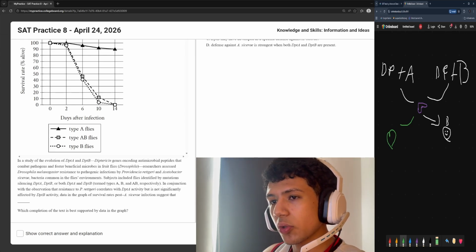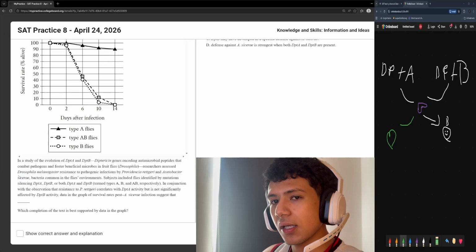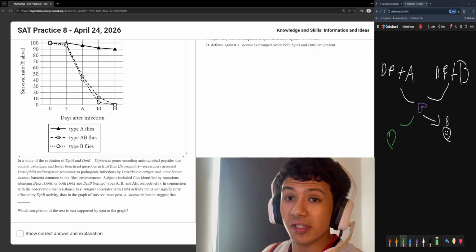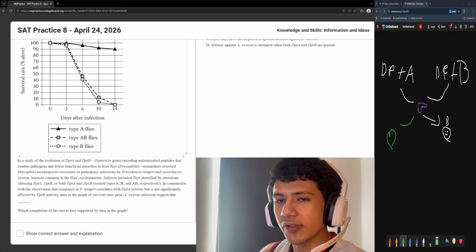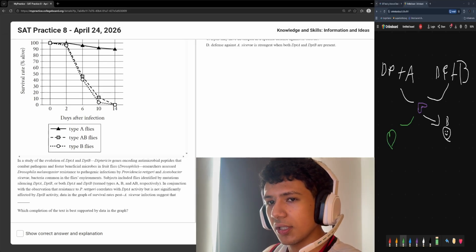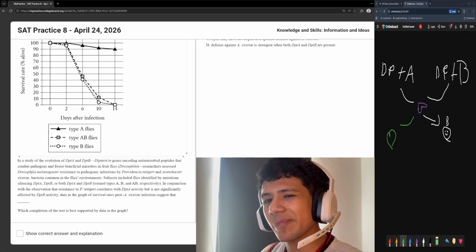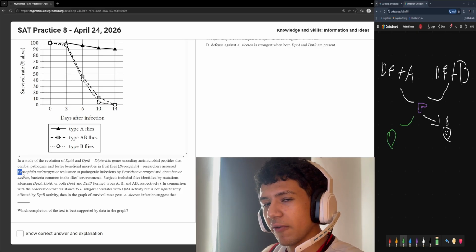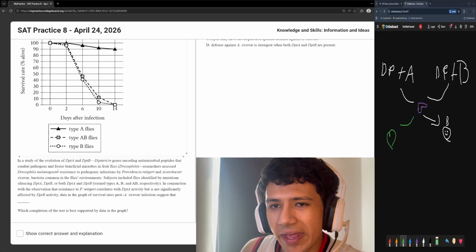Now, researchers assessed DM. Whenever you see names like these, Drosophila melanogaster, just abbreviate them with the first letter of the name, right? So DM. Just read it as DM.